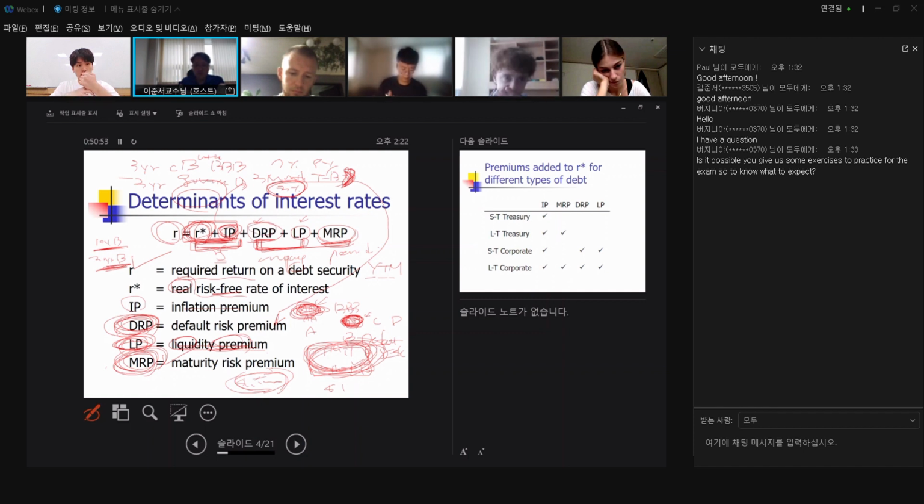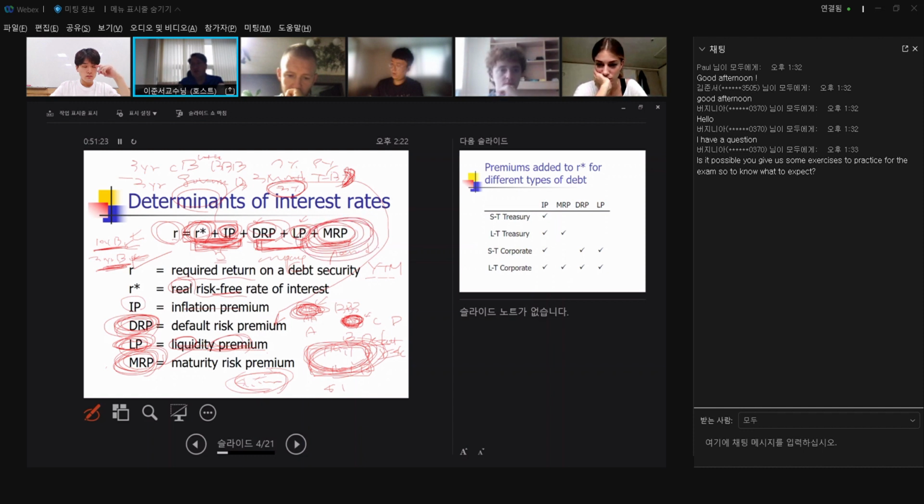The default risk premium and liquidity premium are identical in both the 10-year bond and the 30-year bond, because the economic situation affects the 10-year bond and the 30-year bond in an identical manner. And since the bonds are issued by the same company, the default risk premium and liquidity premium are the same in both. The only difference between the 10-year bond and the 30-year bond is what?